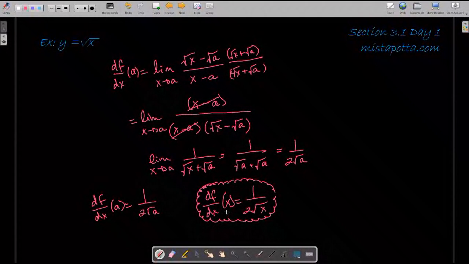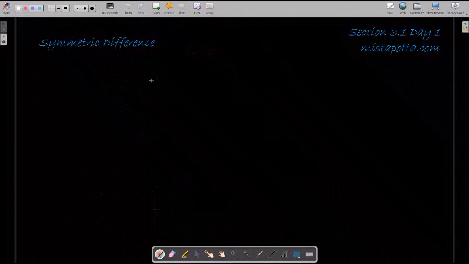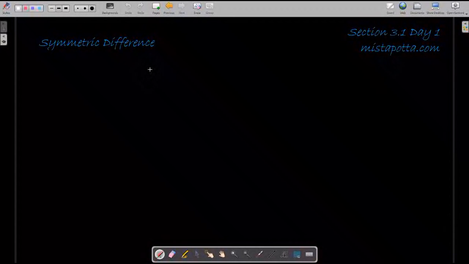So the last thing I want to talk about today is a third method of calculating the derivative, and it's called the symmetric difference. The idea behind the symmetric difference is sometimes it's not easy to just substitute x in.